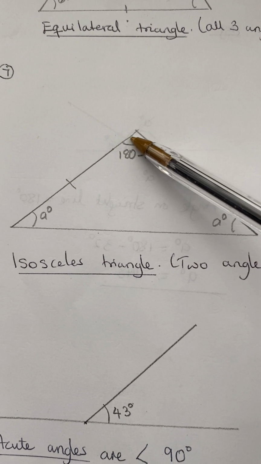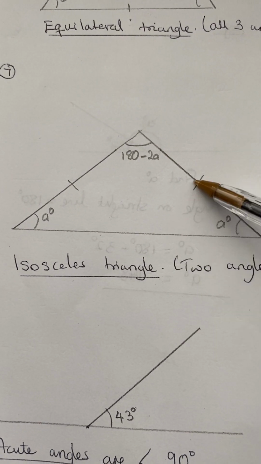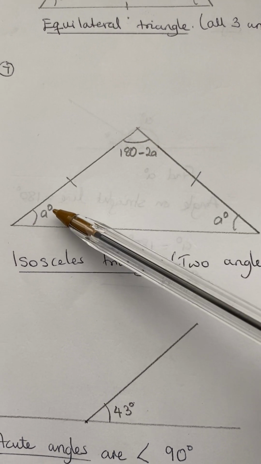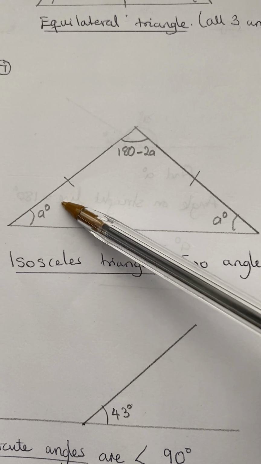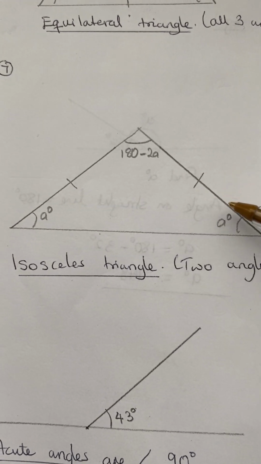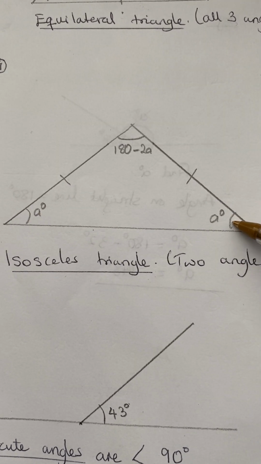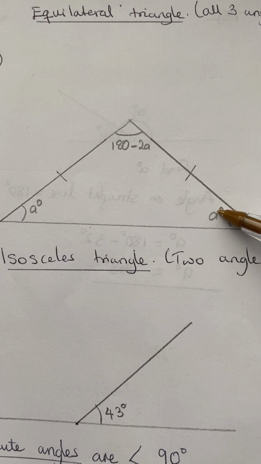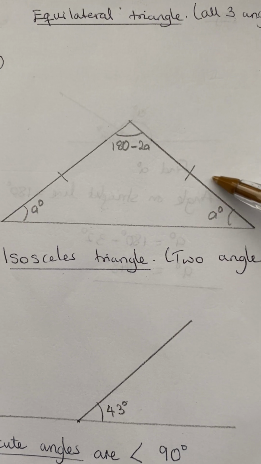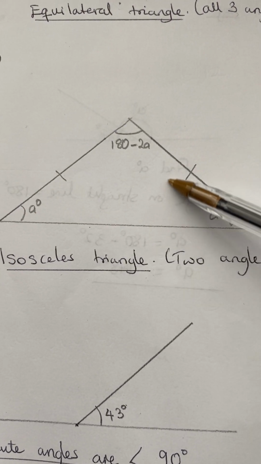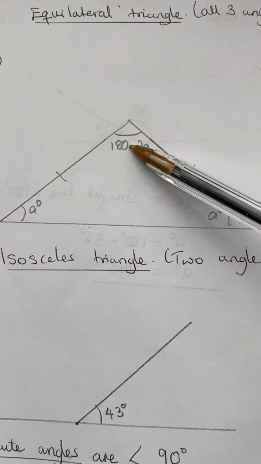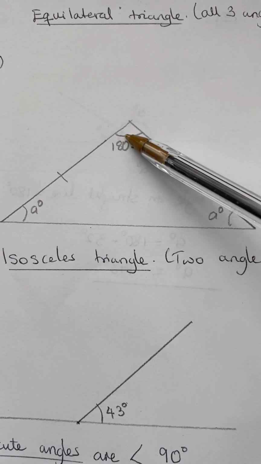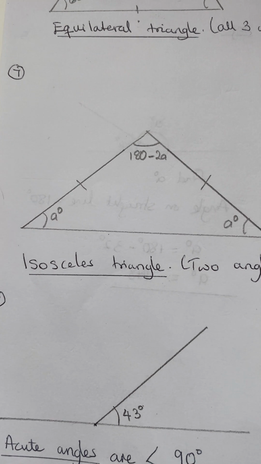The angles in a triangle add up to 180. So if you know this, it means this is the same as that. So if this is 20, that will be 20. And the angle in the whole triangle is 180. So if this is 20 and that's 20, then this top part will be 140.